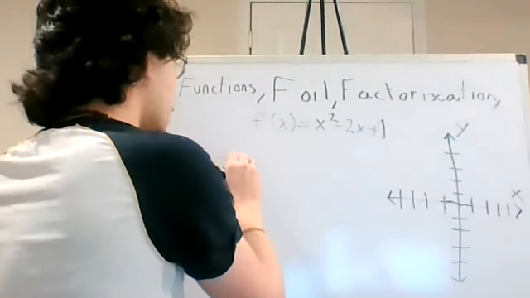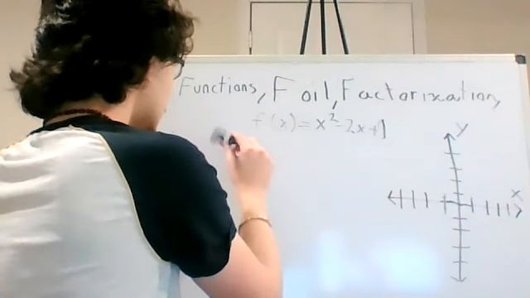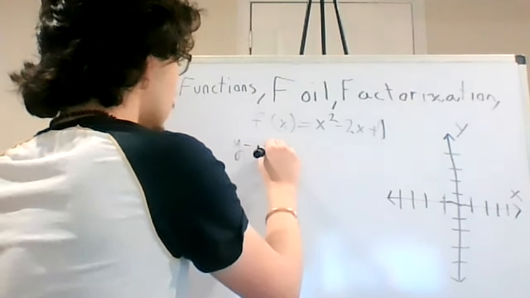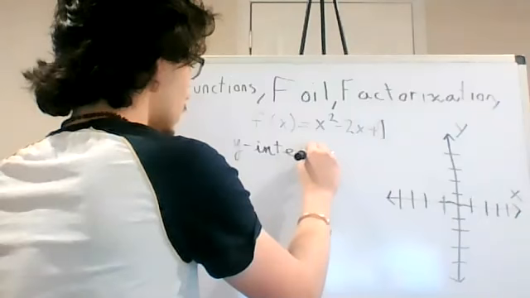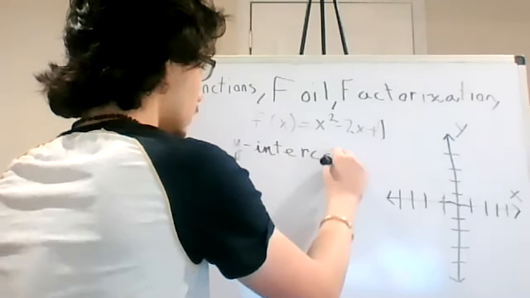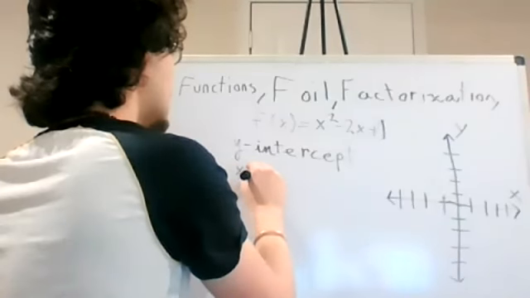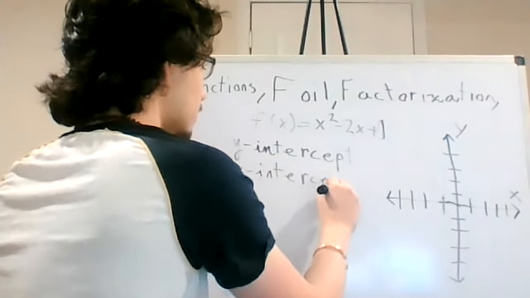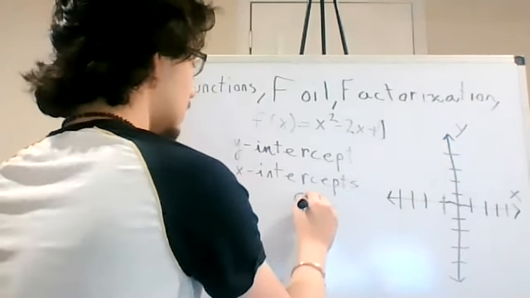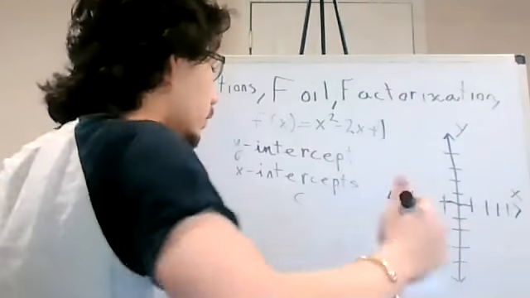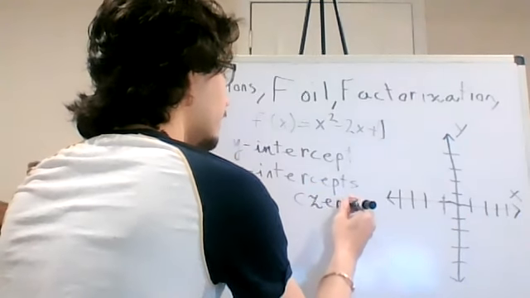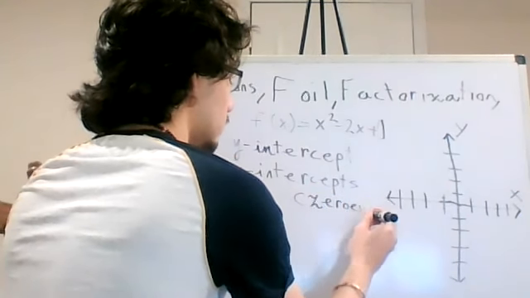There is the y-intercept. The x-intercepts, or as we call them, the zeros. And as we go forward, we will be referring to them mainly as zeros, merely to save time.